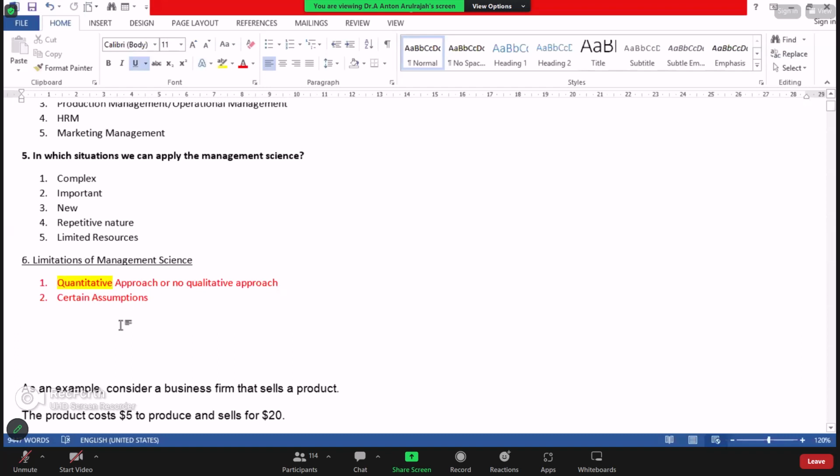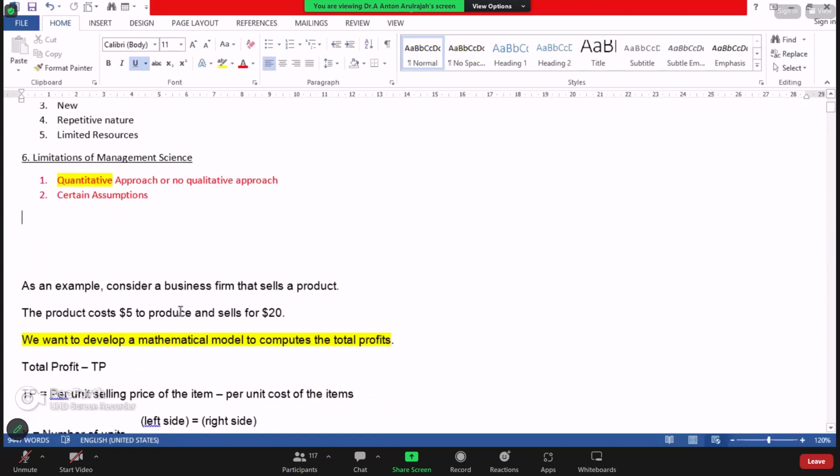There are two main limitations of management science. One is that it only looks at the quantitative approach, not the qualitative aspects of the organization. Also, certain assumptions have to be considered for the application. That is also one of the limitations.